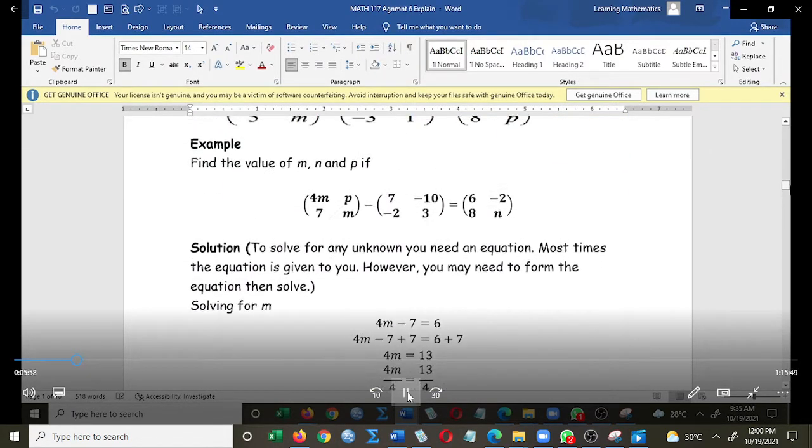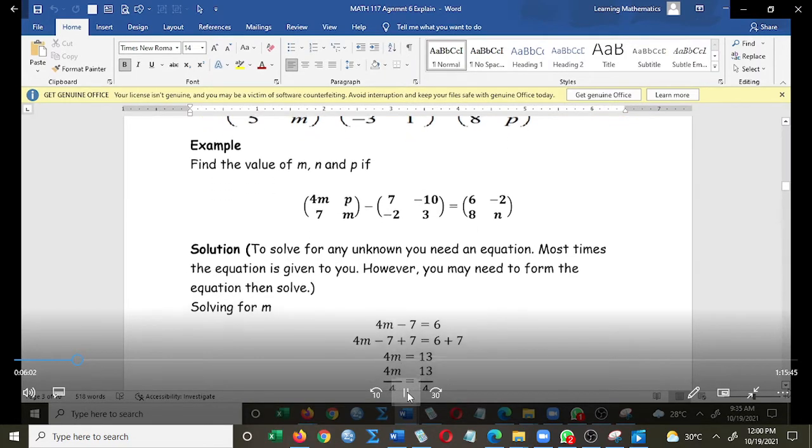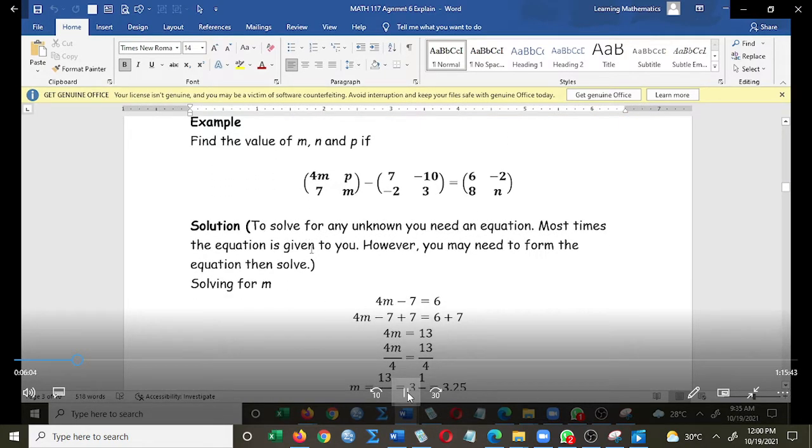There's an example, find the value of m, and here's the solution. So what do you think happened there?